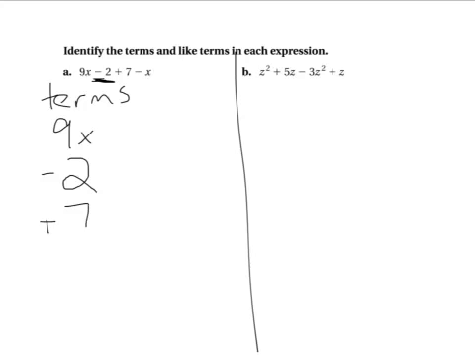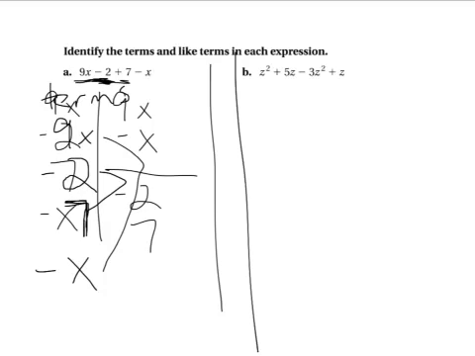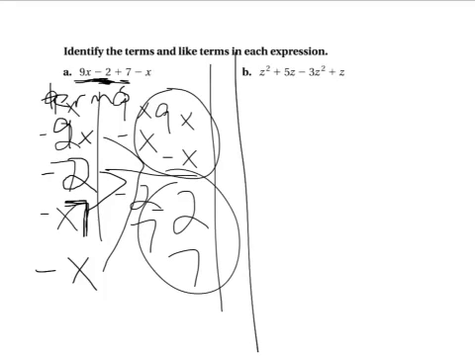Plus 7, which you don't really ever need to actually write the plus, but I do want you to be aware that that is obviously positive, and minus x. The like terms of these, we have these two, and obviously these two. So we have 9x and minus x, those are like terms, and then minus 2 and 7 are like terms.